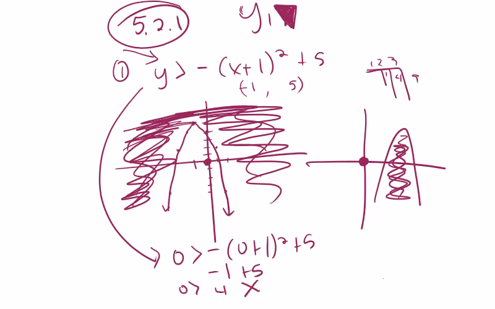Identify the roots. This is the same thing, using factoring. So we will factor this. What are the factors of 4 that make negative 4? Negative 2 and negative 2.